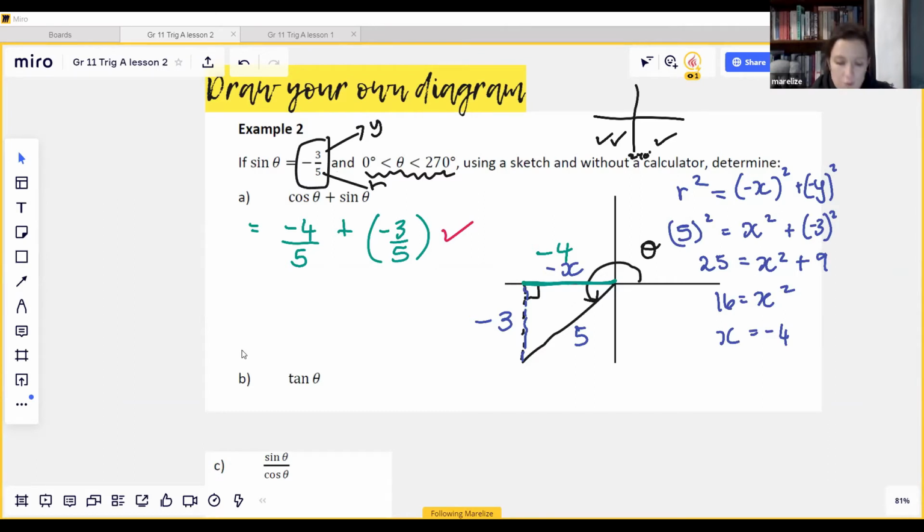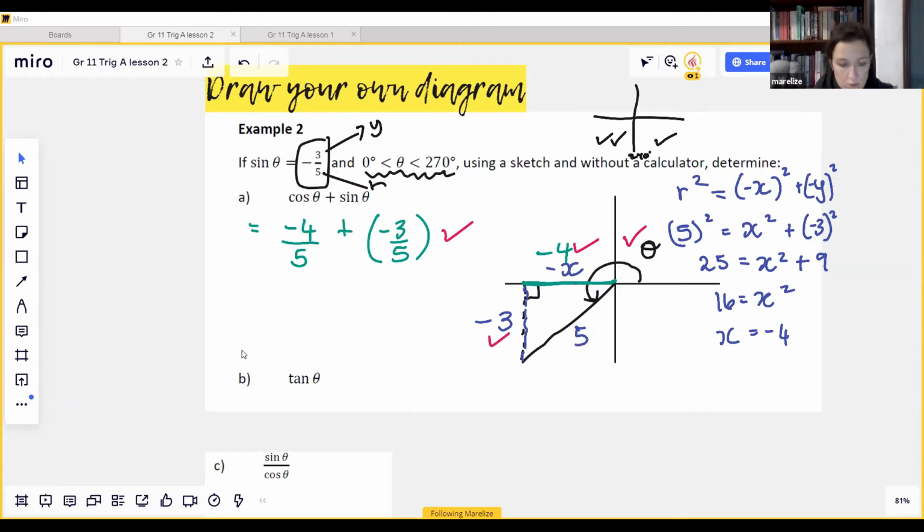I'll show you where your other marks are in case you were wondering. For putting theta in the right place, that's a mark. For doing -3 in the right place, that's a mark. For calculating x, that's another one. And for putting the 5 in the right place, sometimes they give a mark for the 5, sometimes they give a mark for the quadrant, making sure that it's in the right quadrant.